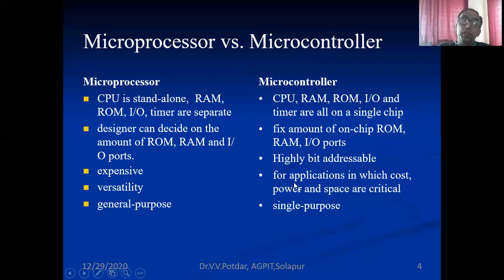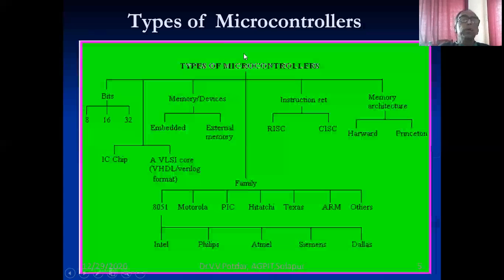Comparatively, microcontrollers are cheaper, and for applications in which cost, power, and space are critical, microcontrollers are preferred. Processors are general purpose, whereas a microcontroller is single purpose. And microcontrollers are highly bit addressable. So these are the differences between microprocessor and microcontroller.